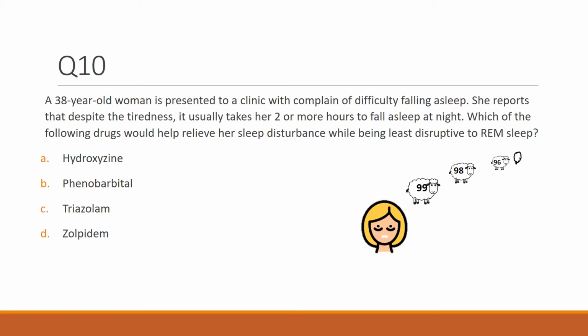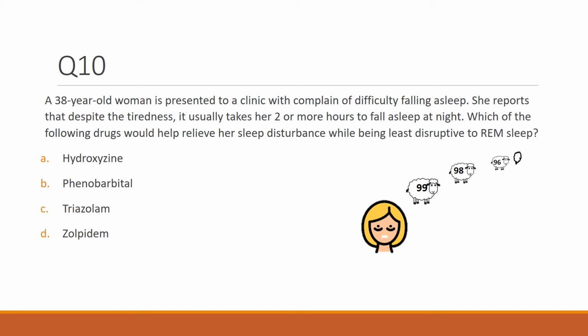This question is about a 38-year-old woman who is presented to a clinic with complaints of difficulty falling asleep. She reports that despite the tiredness, it usually takes her 2 or more hours to fall asleep at night. Which of the following drugs would help relieve her sleep disturbance while being least disruptive to REM sleep?